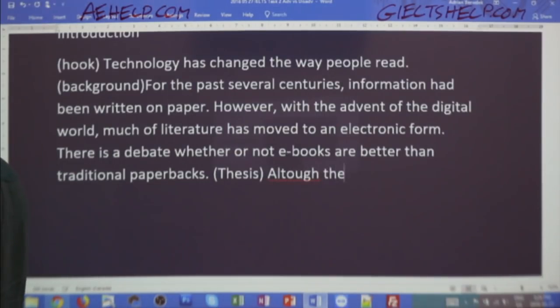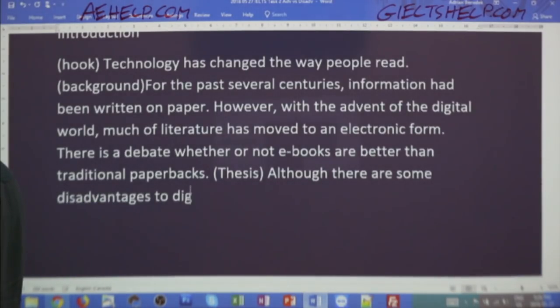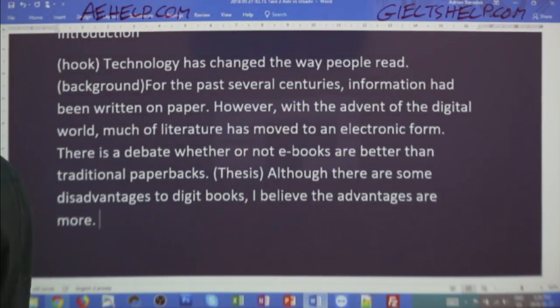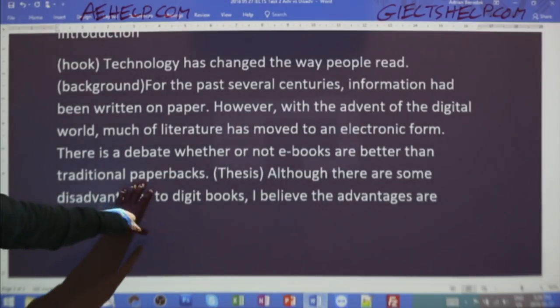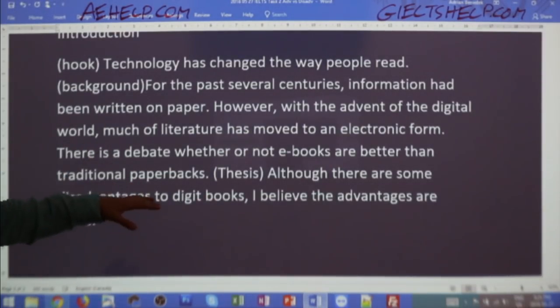Although there are some disadvantages to digital books, I believe the advantages are more.